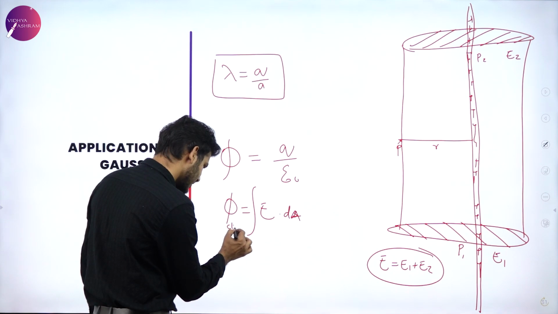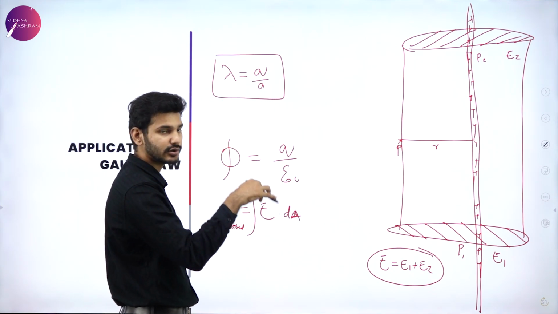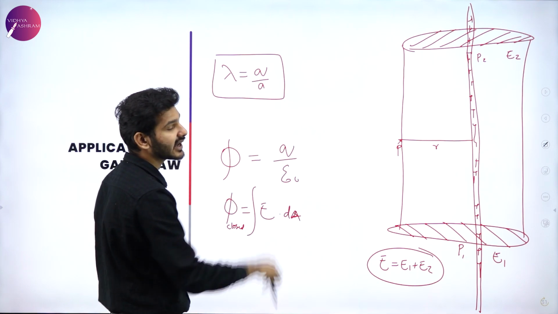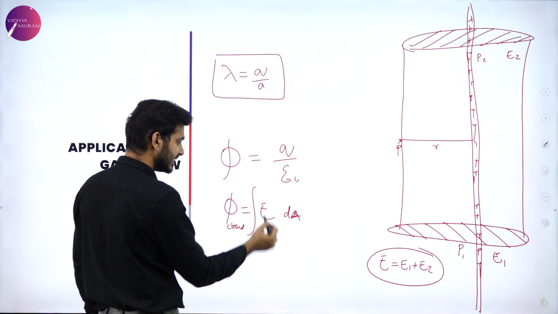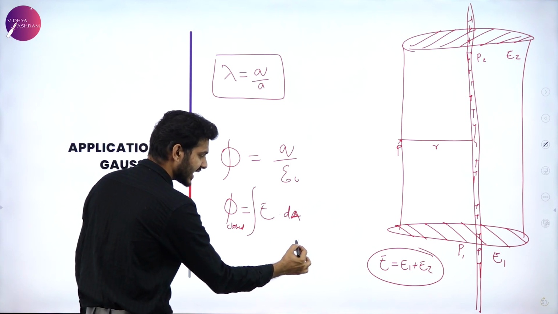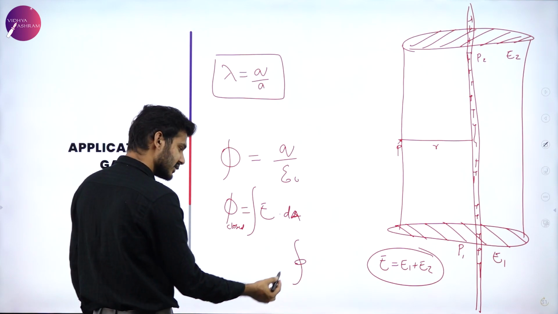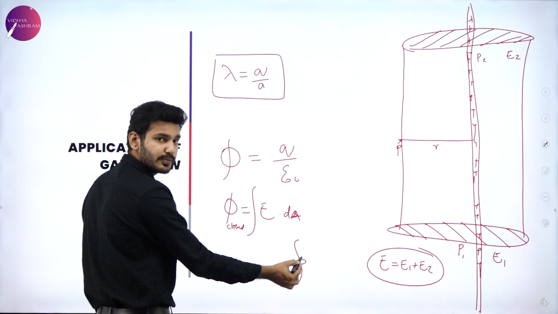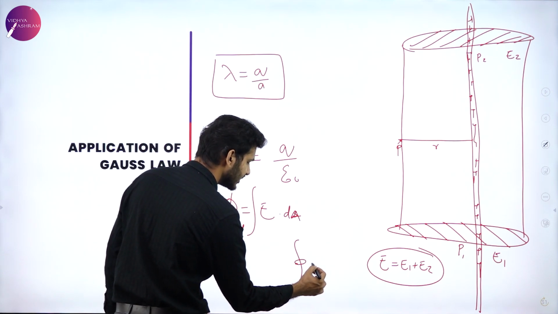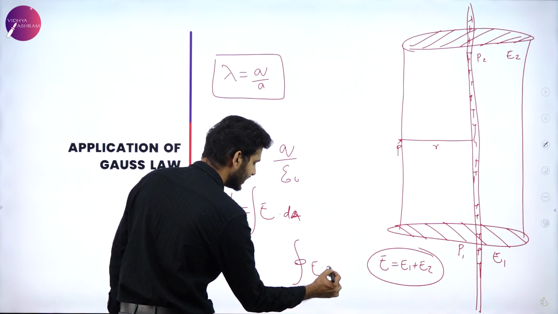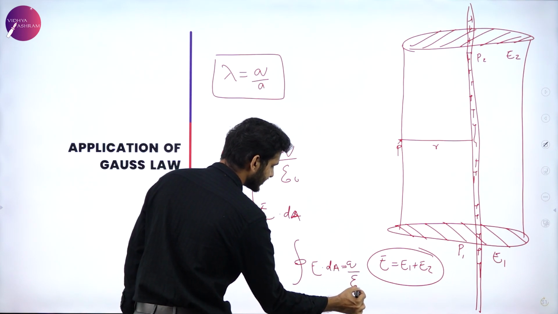This is a closed surface, everything is closed, so we can have the system inside. To represent that closed surface in this equation, we write the integral with a small circle, because this represents a closed loop. So the closed surface integral of E dot dA will be equal to Q by epsilon naught.